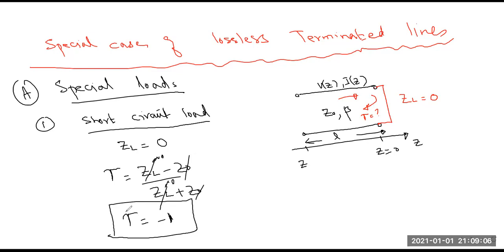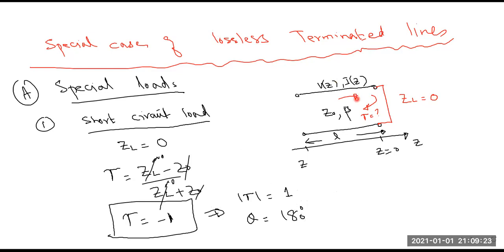Now reflection coefficient is generally a complex number. So we can interpret this result as reflection coefficient magnitude is equal to 1, and phase of the reflection coefficient is 180 degree or pi radian.